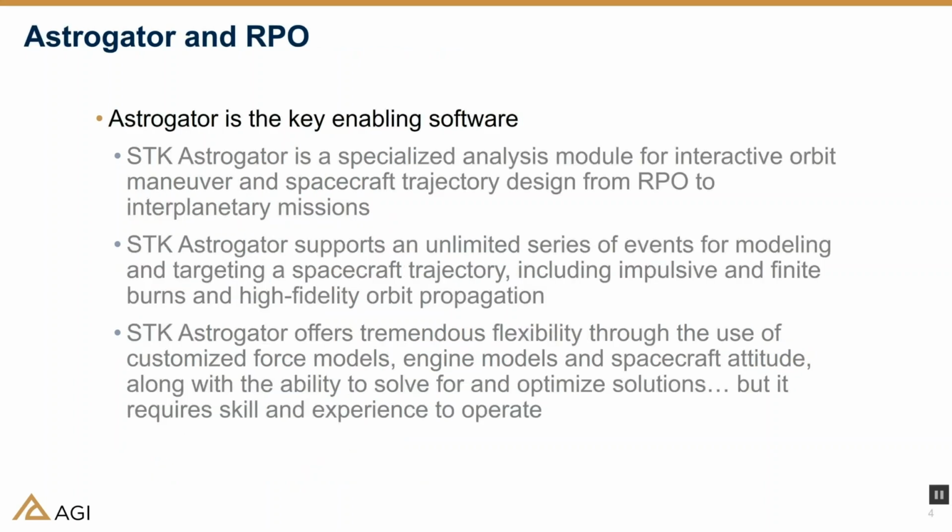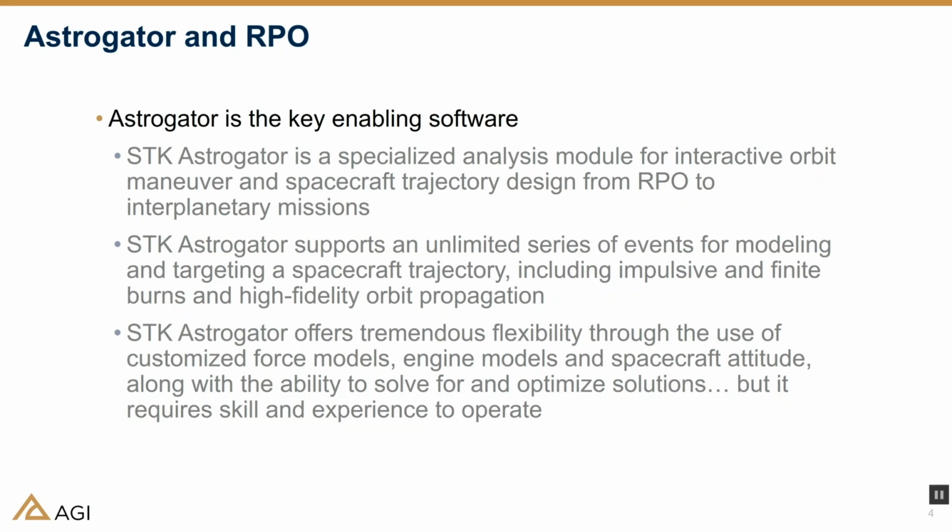So Astrogator is the key enabling software for this RPO mission. It's a specialized analysis module that exists in STK. It supports an unlimited series of events and modeling, and offers tremendous flexibility through the use of customized force models and engines and the like.